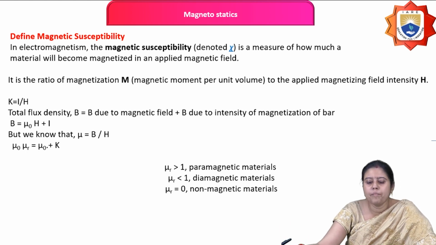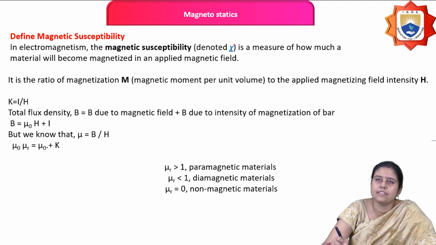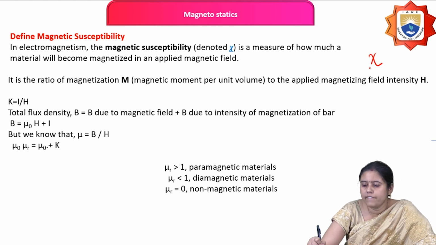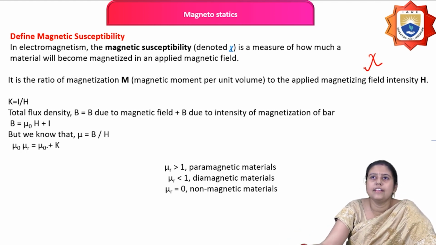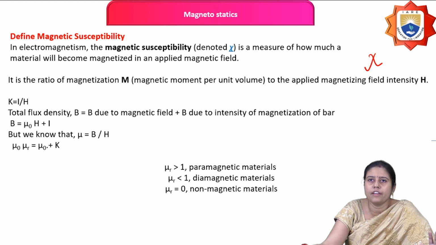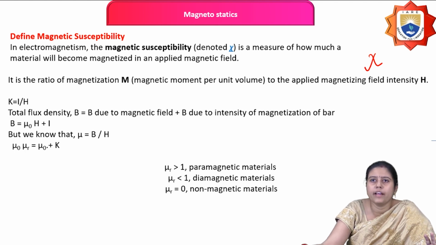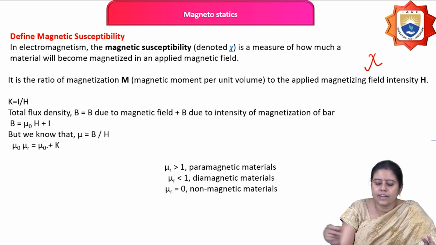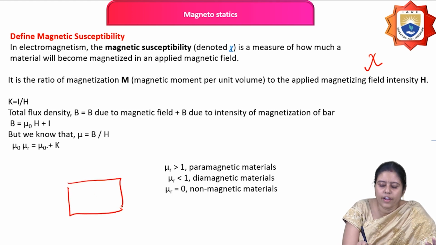Next, define the magnetic susceptibility. In electromagnetism, magnetic susceptibility, generally denoted by Xi, is a measure of how much a material will become magnetized when an applied magnetic field is kept. I am giving one simple example: if we take an iron coil, some of the atoms are in different directions.